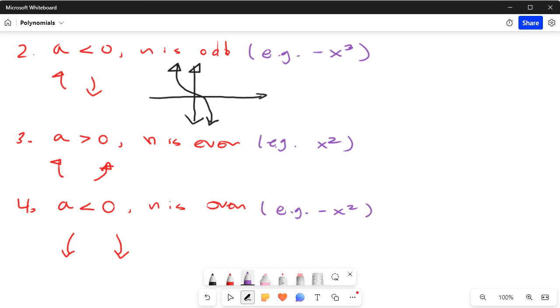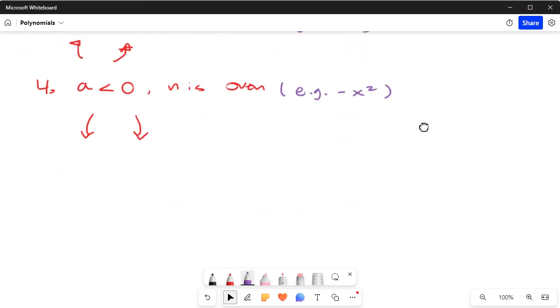So we see that the end behavior of this function would be that it goes to minus infinity, or it's coming from minus infinity, if that makes more sense. You can think of it that way.